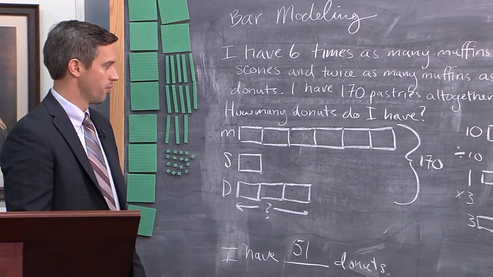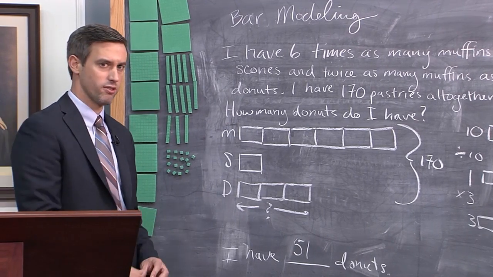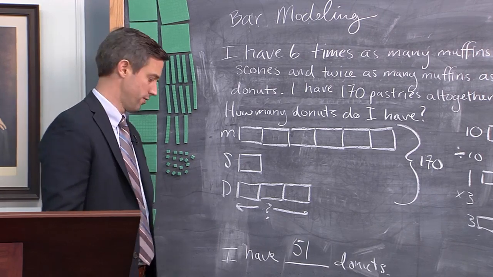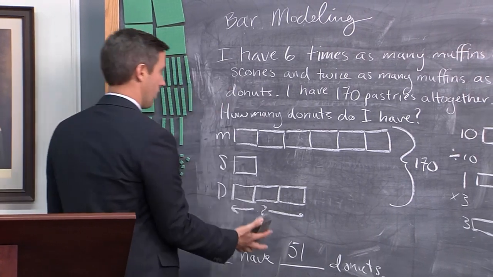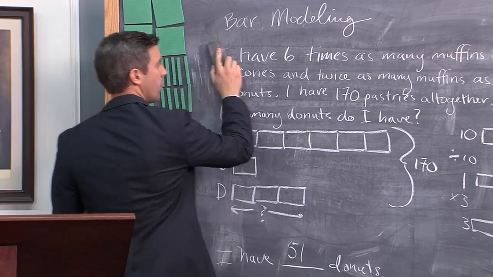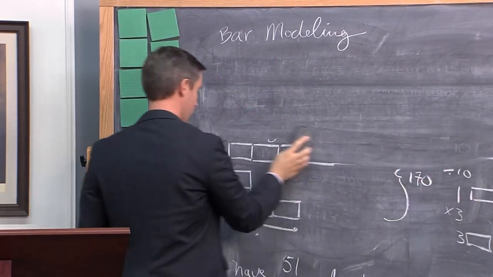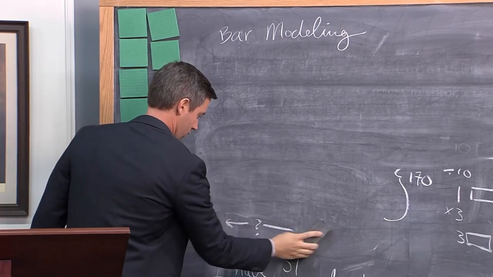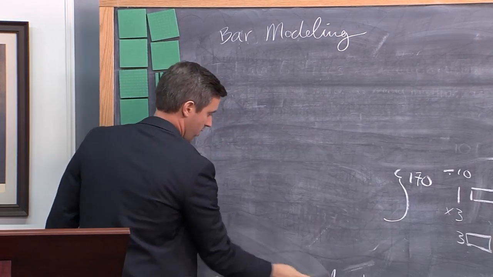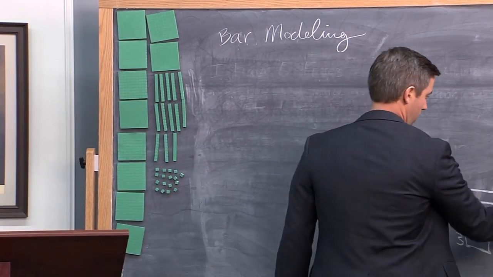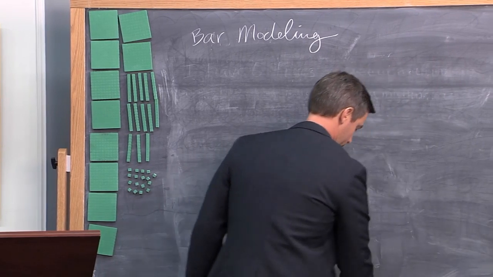So before we continue and do more problems, I'd like to explain the basic setup of types of bar models. There are 2 types of bar models in terms of their basic form, and that is the part-whole model and the comparison model.